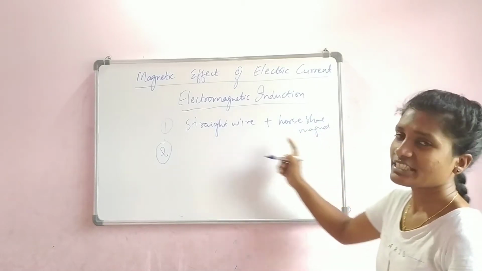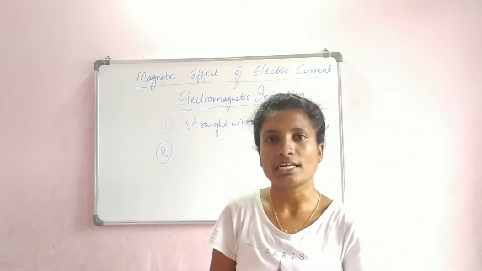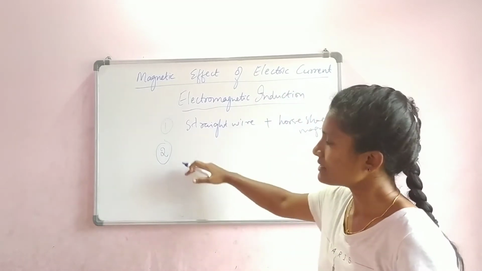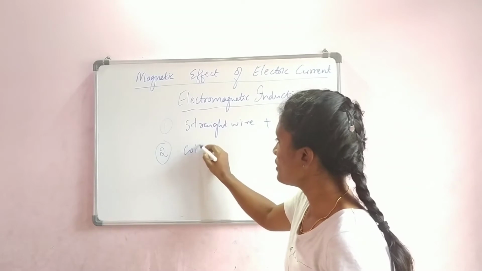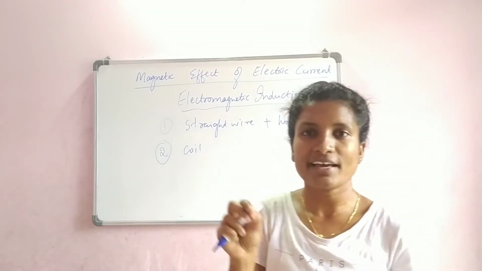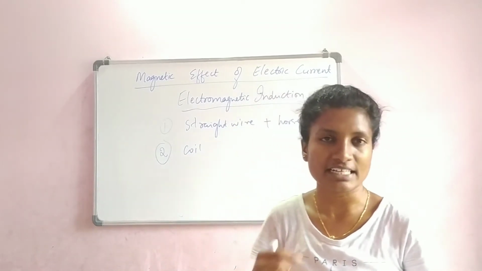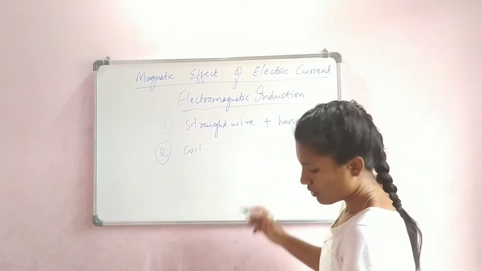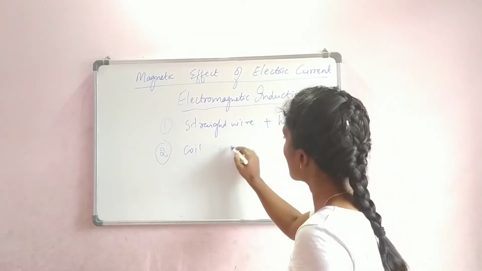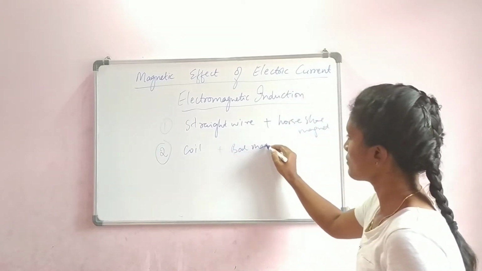These are the two pieces of equipment needed. The same experiment can be carried out using a coil. A coil is a wire made into a shape, let it be a solenoid shape, which we discussed in previous sessions. So it is a coil along with a bar magnet.